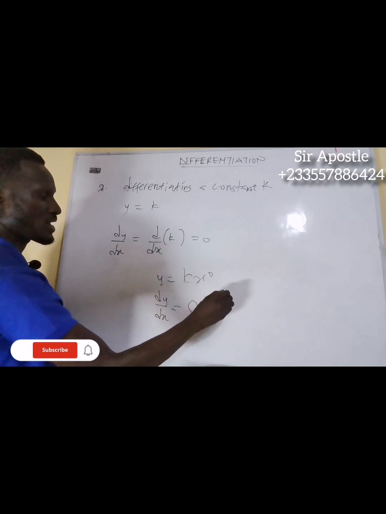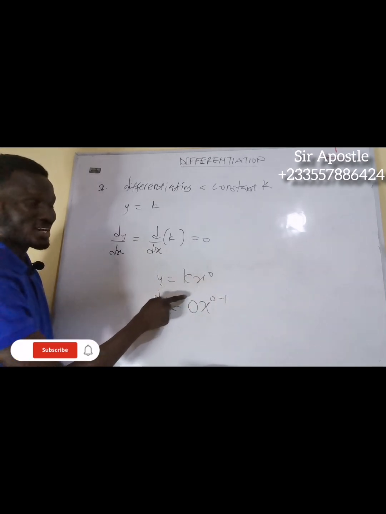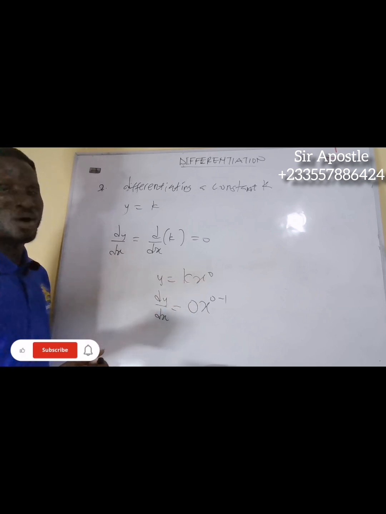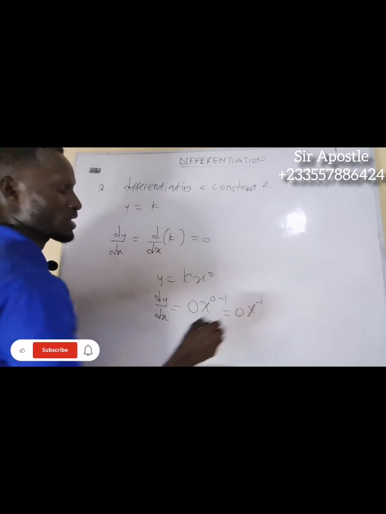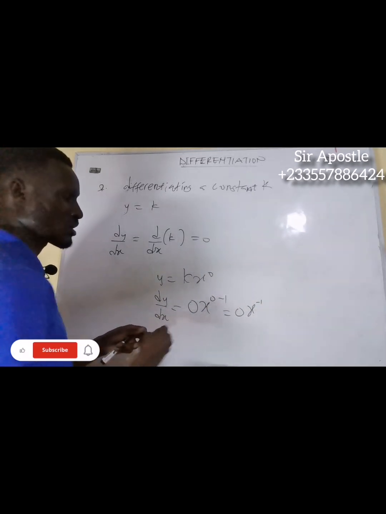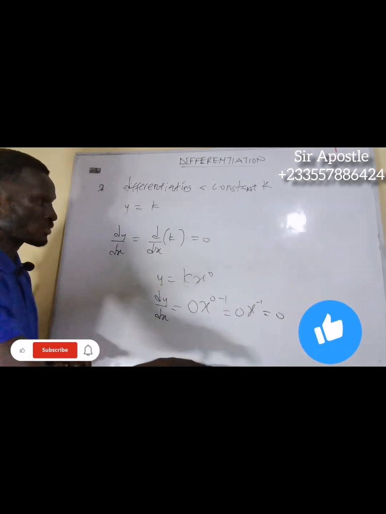x^(0 minus 1). Because after multiplying the exponent by the coefficient, I have to reduce the exponent by 1. This will give us 0x^(-1). You have to know that since 0 is multiplying the x term, we are going to get 0. So the differential of a constant is always 0.